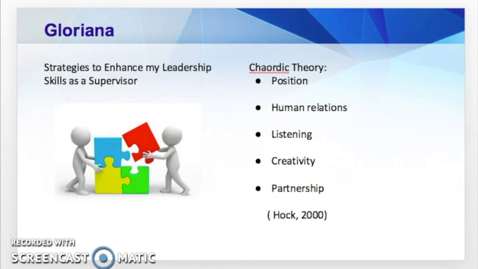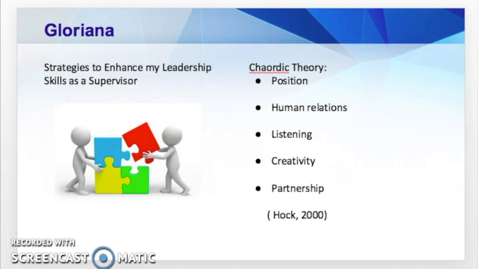One theory that has important components to help me enhance leadership skills is chaos theory. The chaos theory elements that I will use to improve my leadership skills are the following. First of all, position. I have to establish positions between supervisor and supervisee. The leader will be the supervisor and the follower will be the supervisee.